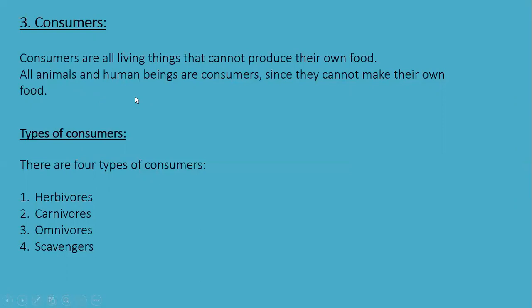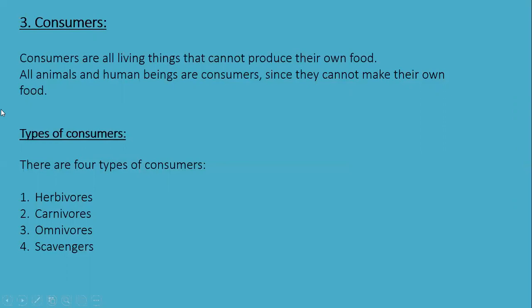Plants make their food inside their body, but animals and human beings do not. They have to eat different animals and plants. So consumers are different from the producers.